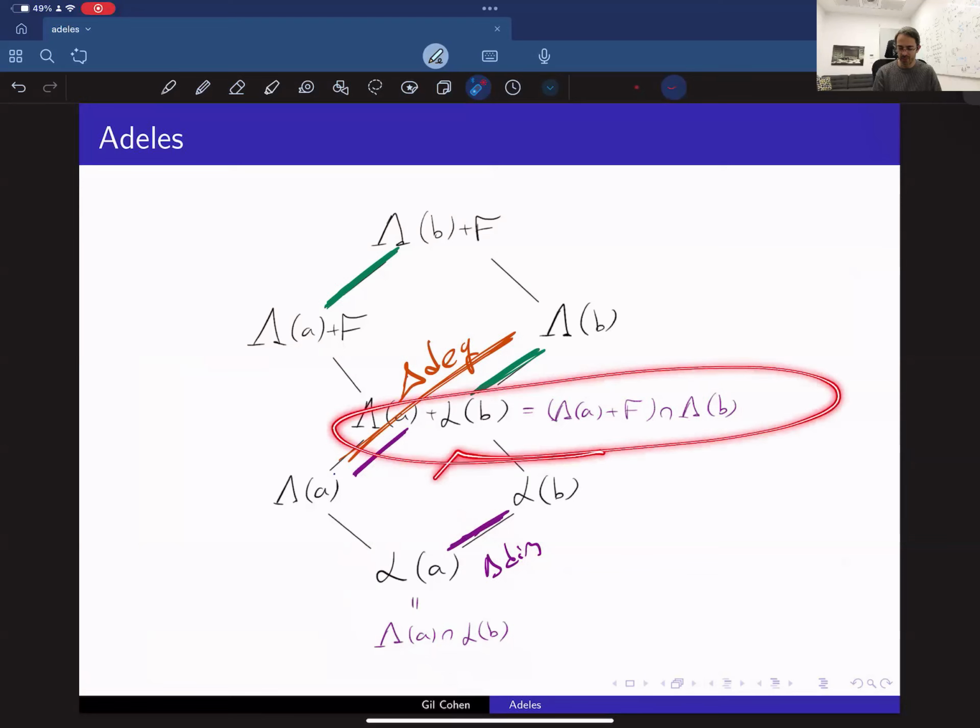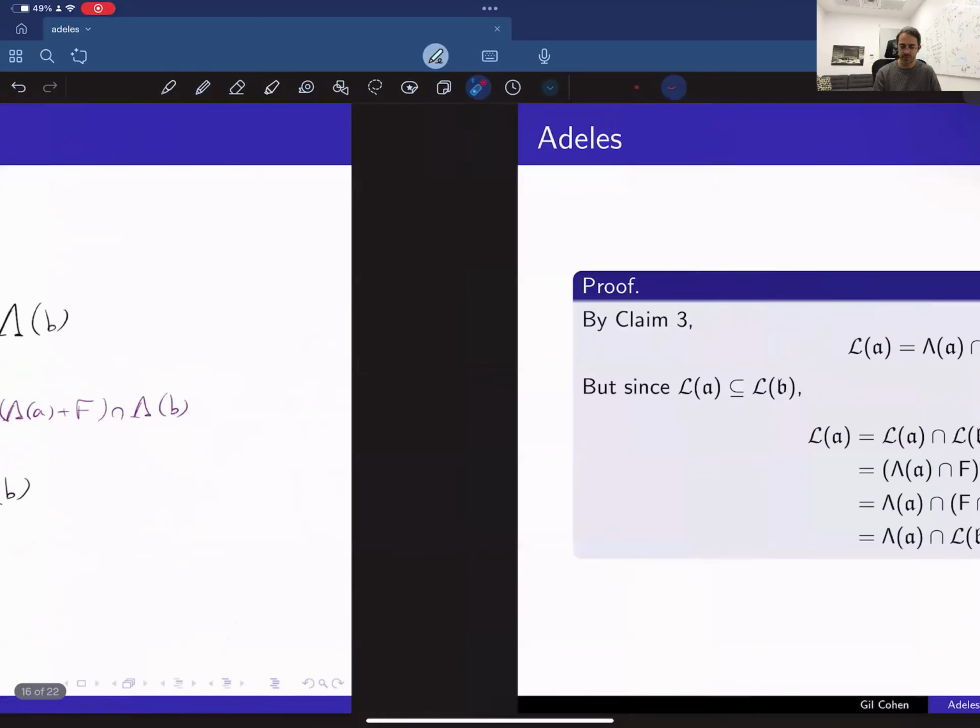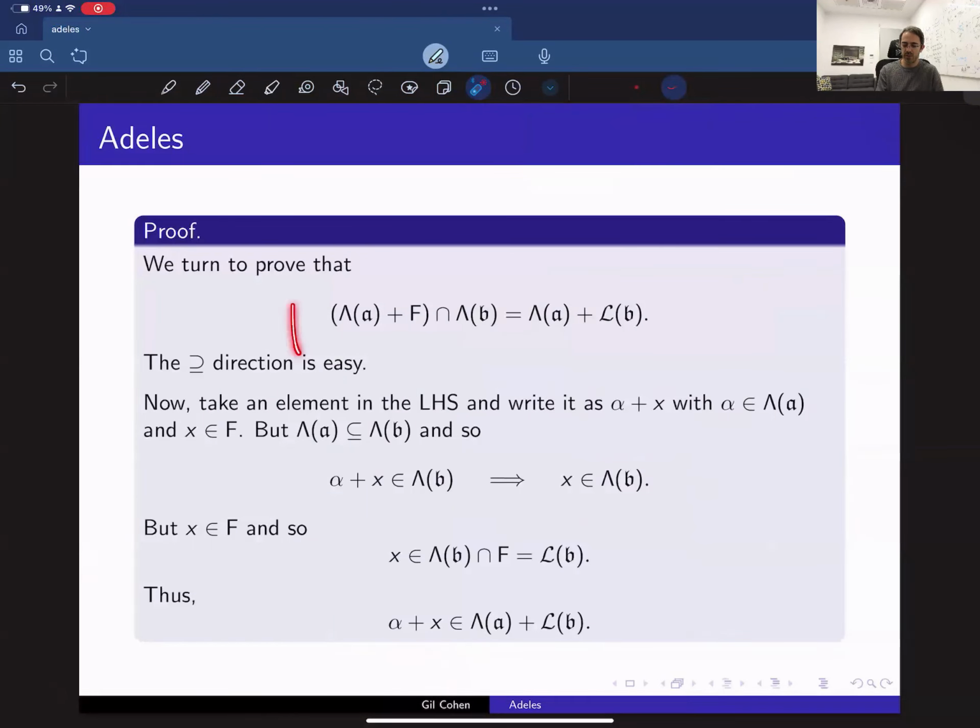This one is a bit trickier. So let's do that. We want to prove this equality now: that this mix of the lambda space of A plus the Riemann-Roch space L of B is exactly the same as intersecting the lambda space of B with F plus the lambda space of A. Now, one direction is obvious, because both pieces are there.